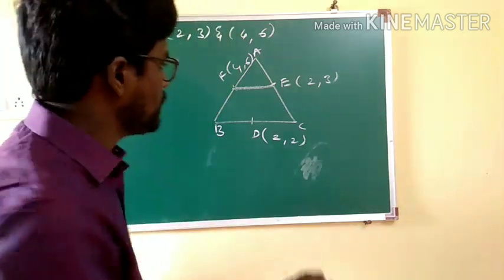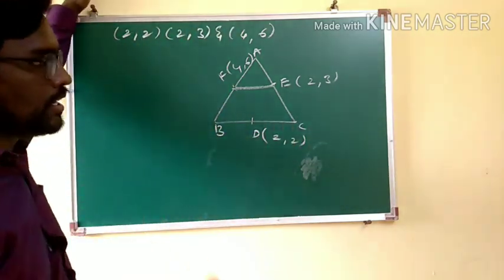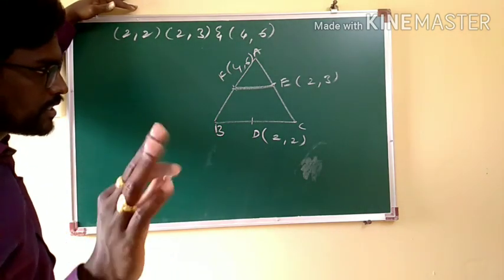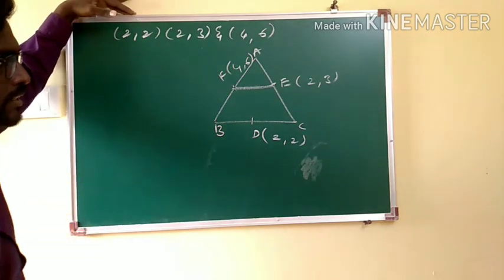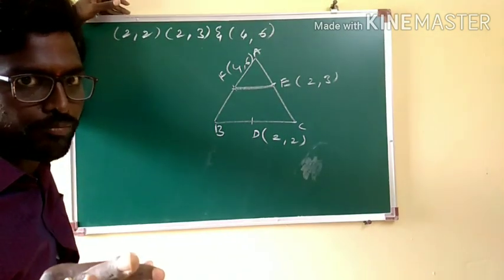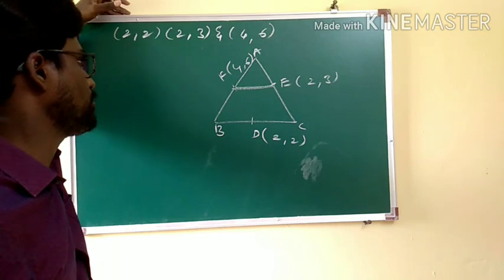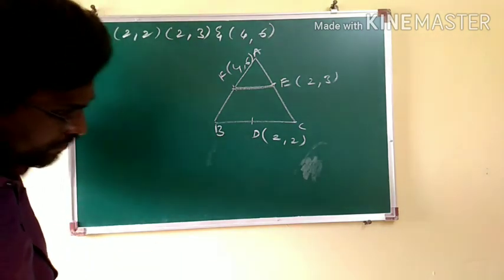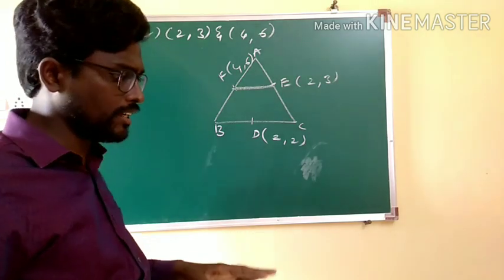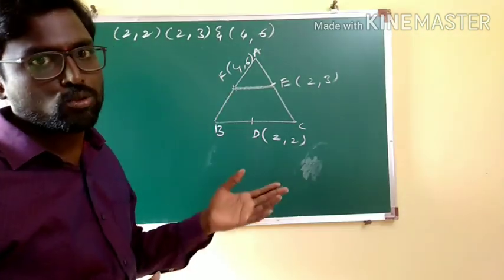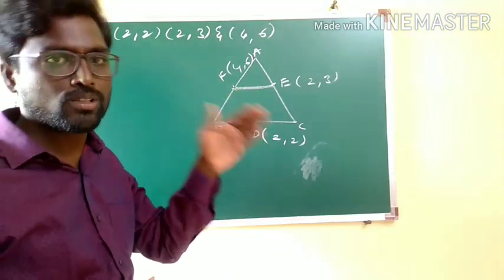First, let me calculate the equation of BC, so that similarly I can give you the task here. Since I told you that two parallel lines will have equal slope, with that knowledge we can close this problem. Why? Because you might have learned a theorem in school that if in a triangle you connect the midpoints of any two sides, that line will be parallel to the third side.